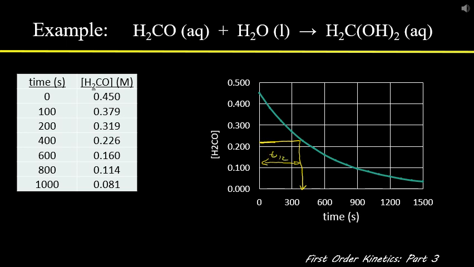And since this is a first order reaction, that half-life is constant, so the time required to go to 1/2 its initial value should be the same amount of time required to go to 1/2 its initial value again. Right? So from 0.225 molar, if it decreases to 1/2 that value, that's 0.1125 molar. So we'll call it about 0.11.